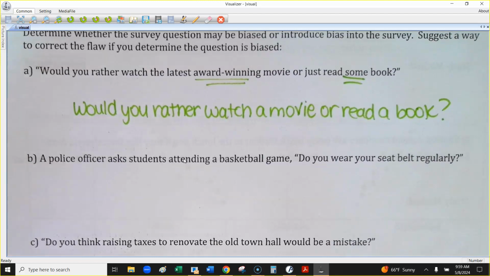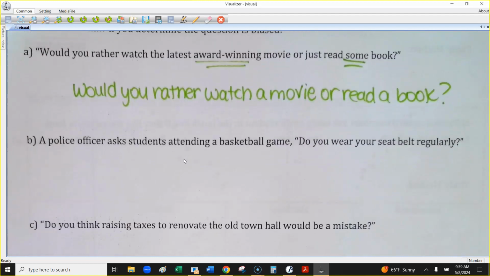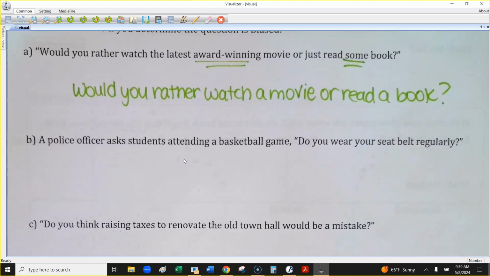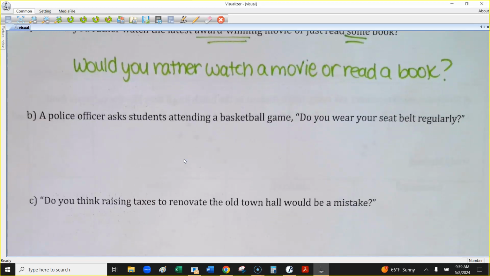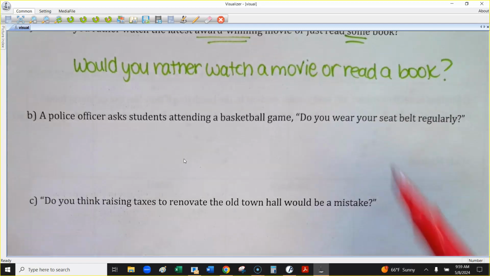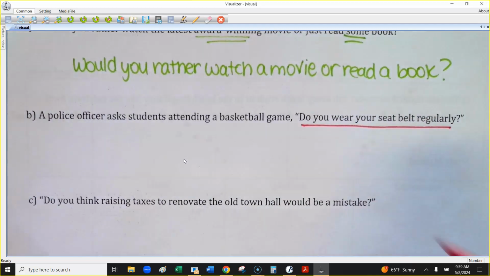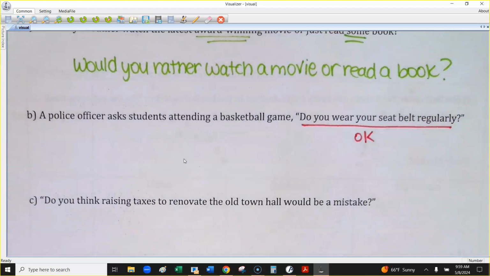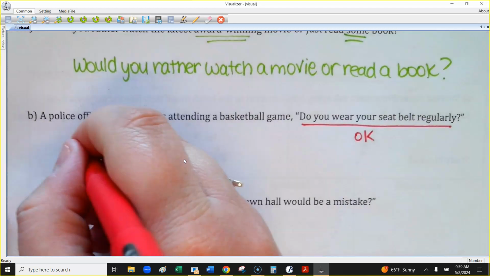All right, my next survey question says, a police officer asked students attending a basketball game, do you wear your seatbelt regularly? Do you think this is biased? Why is it biased? The police officer's asking. Okay, I would say the question itself is okay. What the problem is here is the person that's asking.